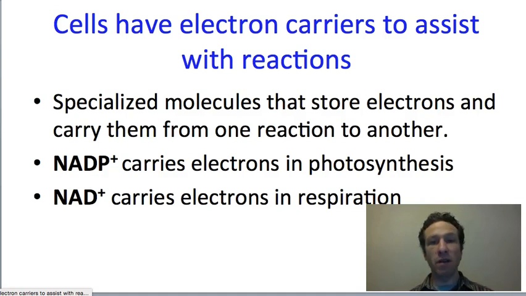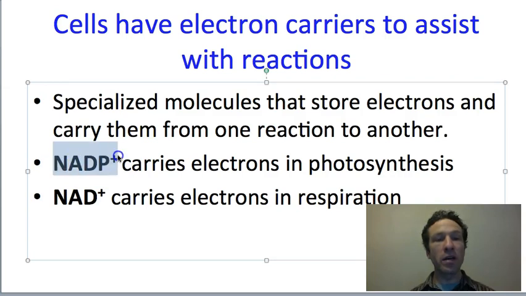Oxidation-reduction reactions are very important in cells. And because of this, cells have some specialized molecules that are really just present to carry electrons from one place to another or to store electrons in the short term before they are needed. And different carriers are used for different functions. So one carrier is called NADP+, and this is going to be a carrier of electrons in photosynthesis.